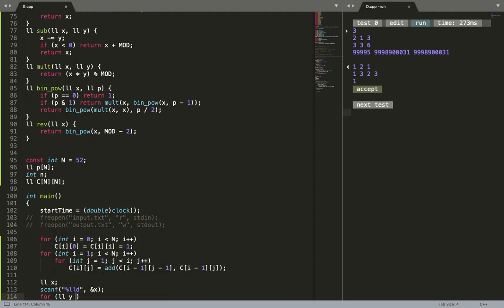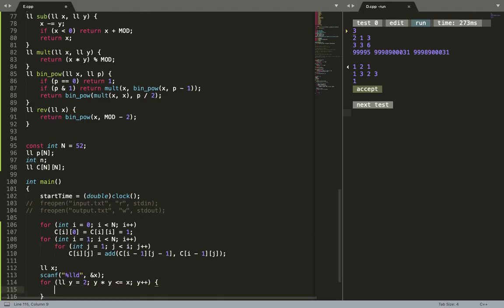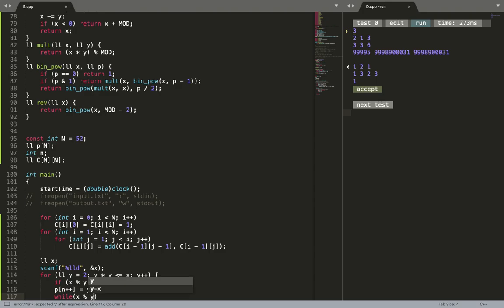Now let's find all the primes that divide d. I don't have to remember in what powers they divide d.